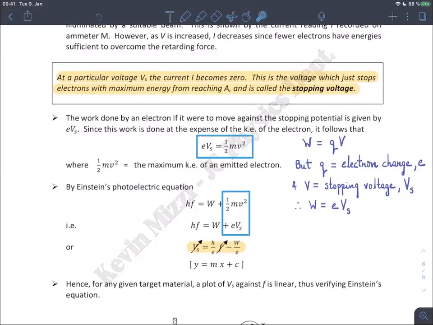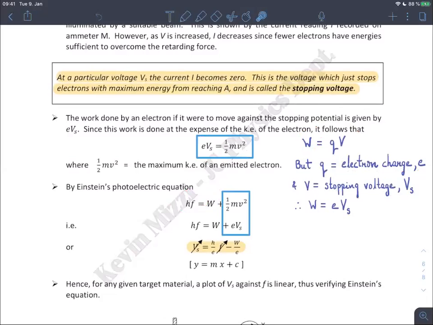Please bear with me because there seems to be a slight confusion in the symbols used, because this W here stands for work done, whereas in Einstein's equation, W is denoting the work function of the metal surface. So these W's have nothing to do with each other, okay?